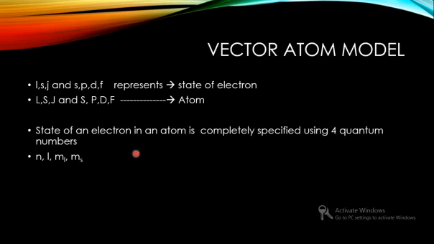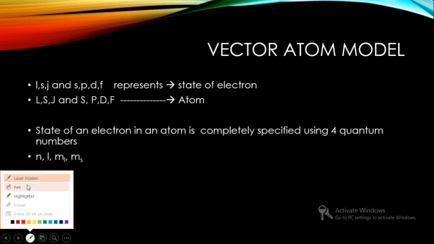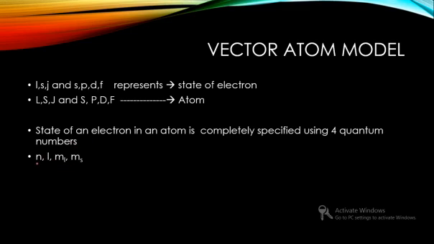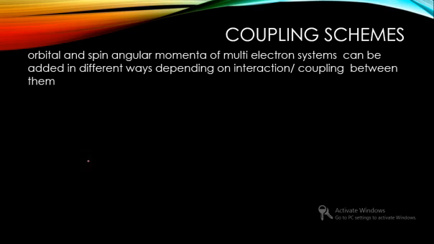Only 4 quantum numbers are enough to represent the state of an electron in an atom completely, and those are the principal quantum number N, the orbital quantum number L, the magnetic orbital quantum number ML, and the magnetic spin quantum number MS. As we mentioned earlier, in order to get the total state of the atom, the vectors involved have to be added up.